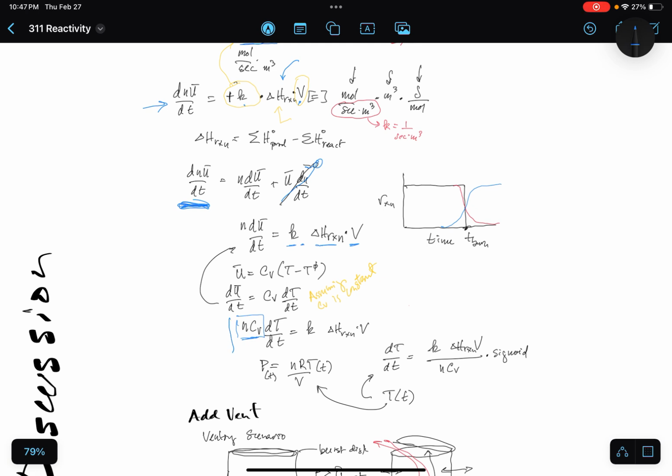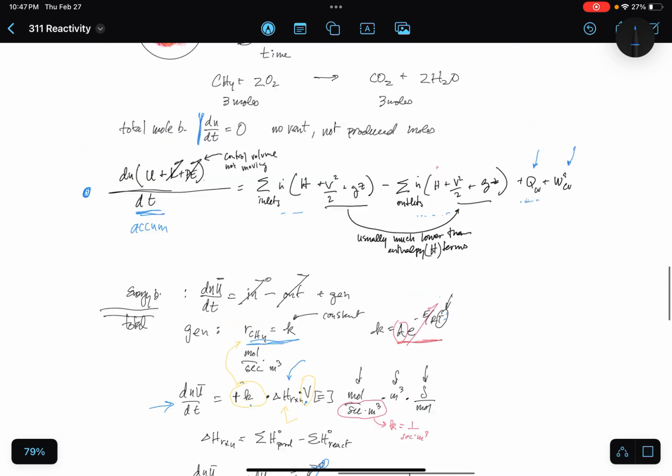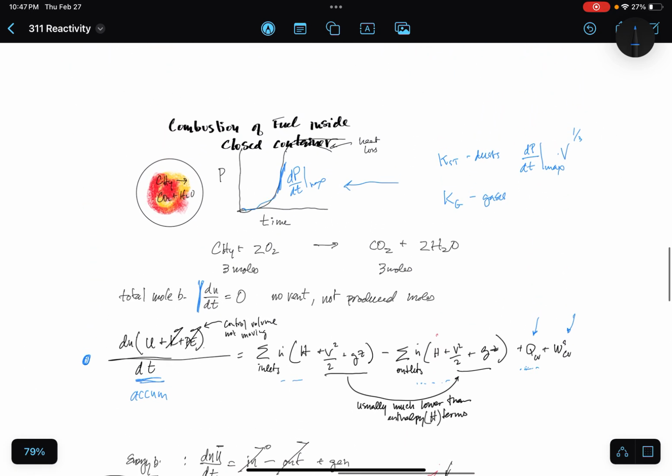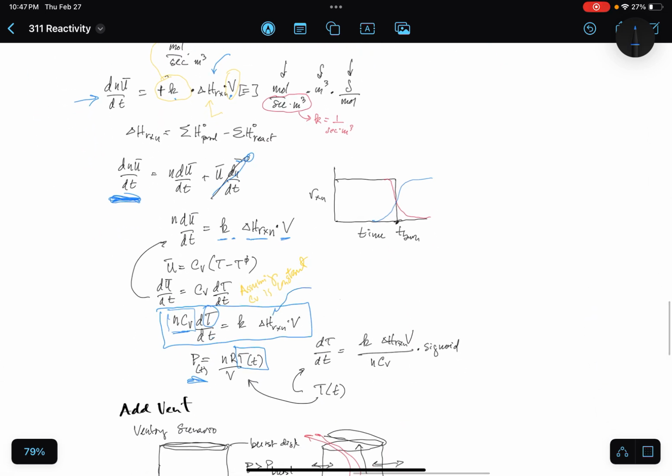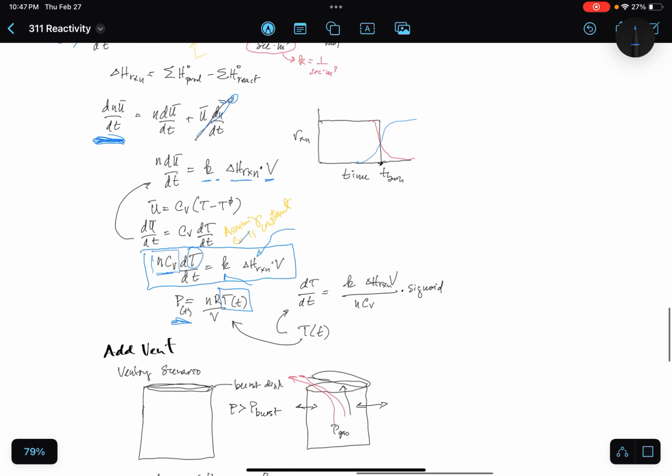And then you can get an equation like this, and you can get a change in temperature with respect to time. And if you have a change in temperature with respect to time here that I'm putting in that little rectangle, you can also get pressure with respect to time. So if I have test data that gives me this pressure with respect to time, I can get some of these parameters, the heat of reaction, this K value, and start to estimate some of those.